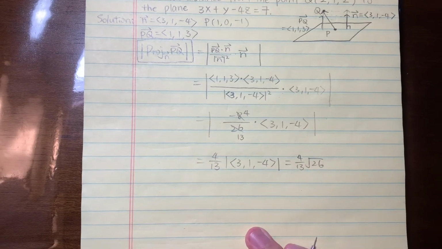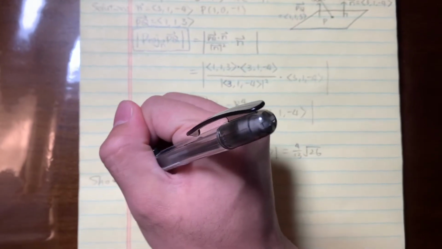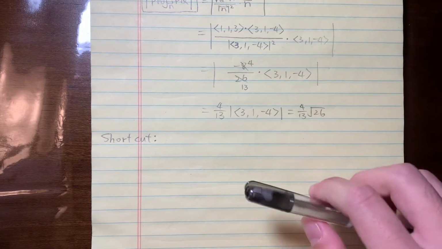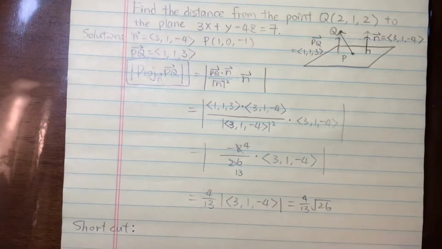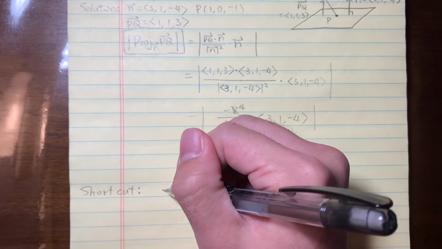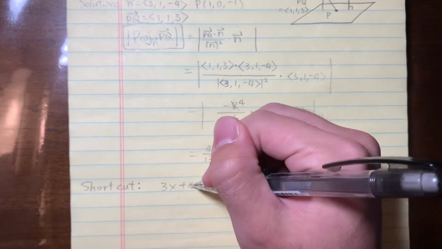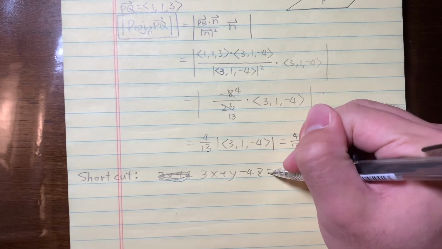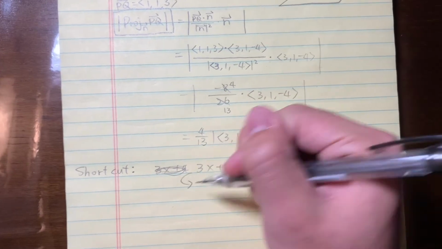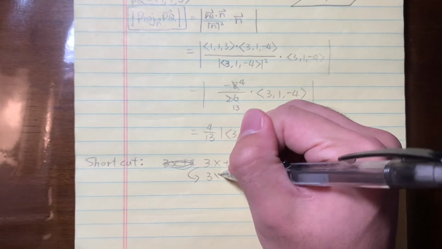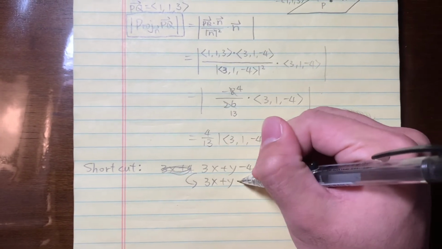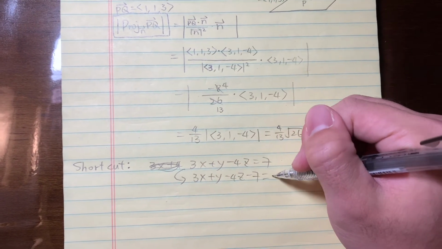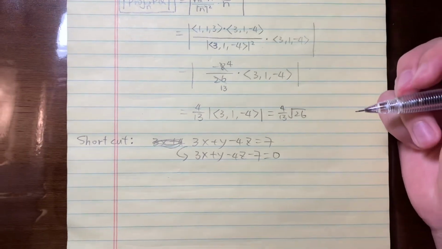However, in this shortcut, the plane is 3x plus y minus 4z equals 7. All we gotta do is write it in a form where the right-hand side of the equation is 0.